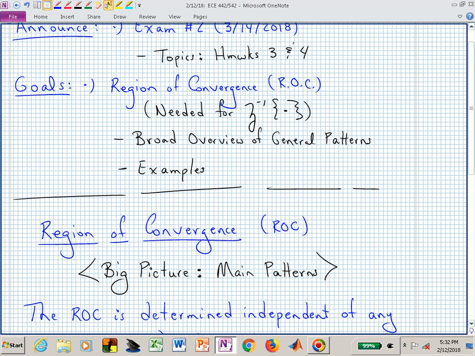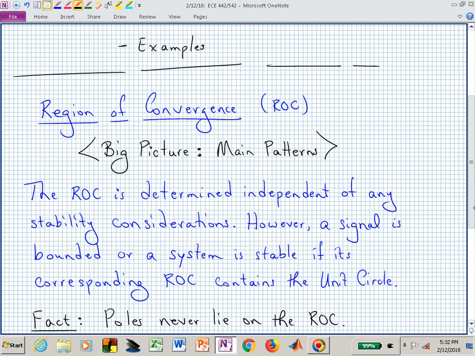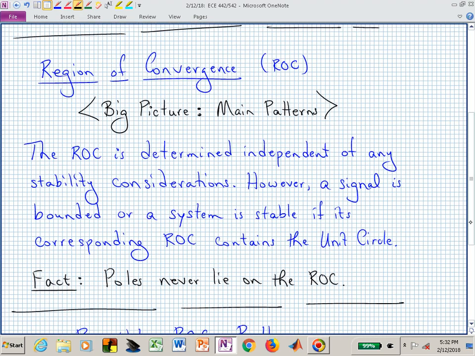In control, usually we're dealing with you kick it, then it responds. More causal type behaviors, but it's nice to know what the distinction is or how you can now work with the region of convergence and how it then is incorporated into the inverse Z transform.